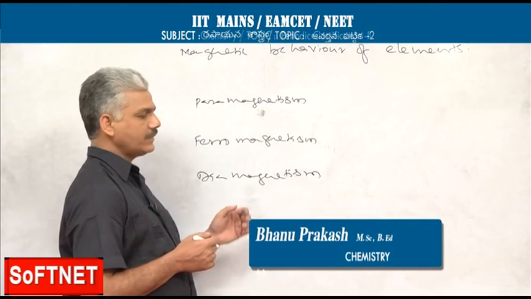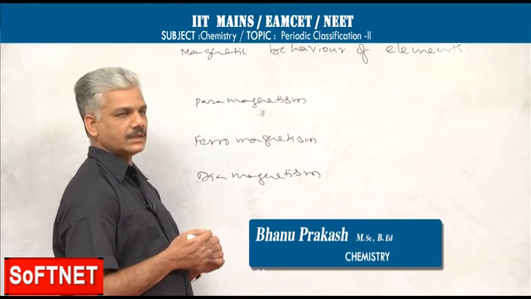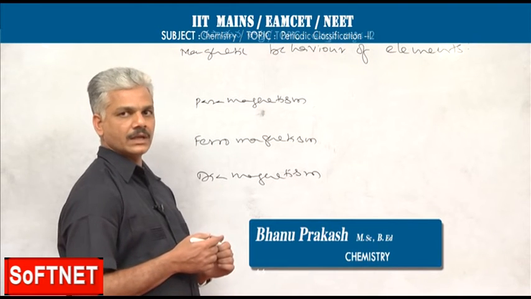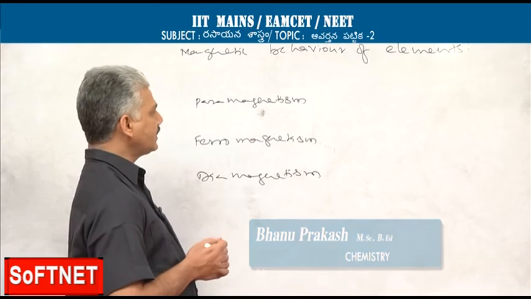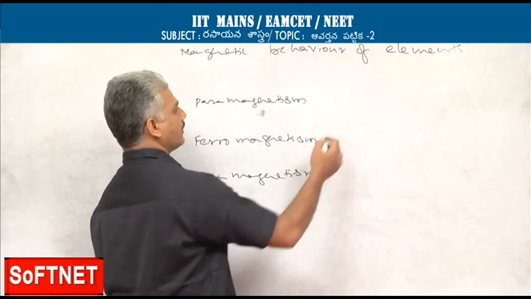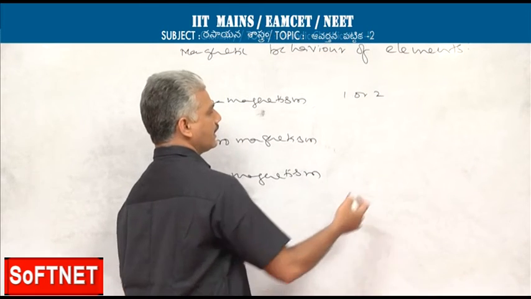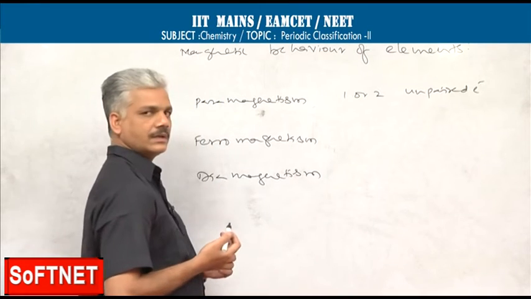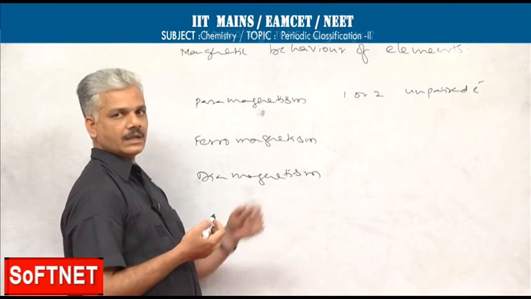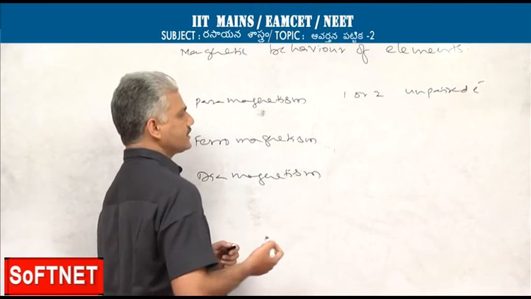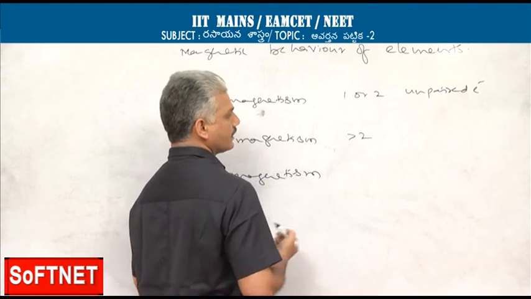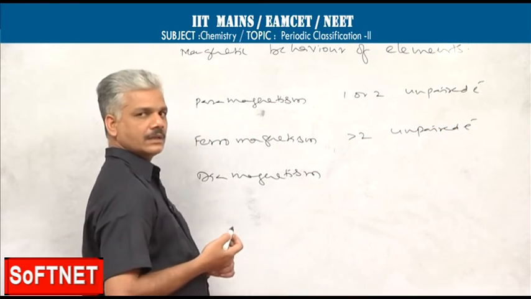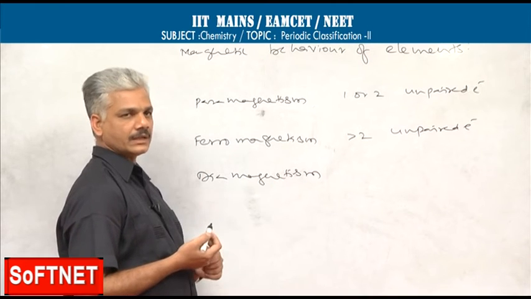These magnetic properties are closely related to the electronic configurations and the number of unpaired electrons. In general, if any element carries 1 or 2 unpaired electrons, it will be associated with a paramagnetic character. When there are more than 2 unpaired electrons, that element will show ferromagnetic character.